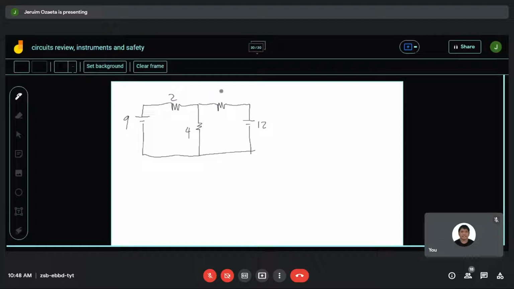Then this is 3 ohms. What is the current at I sub 4? Ano ba ang current? By Norton, ang Norton's theorem, we determine the equivalent current source.